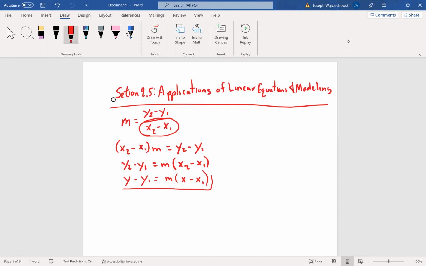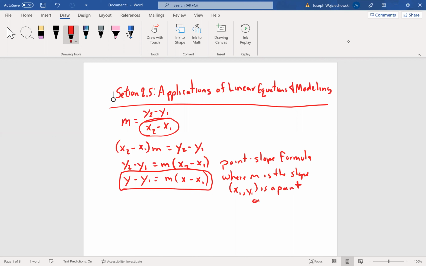What this is called is the point-slope formula, where m is the slope and x1, y1 is a point on the line.